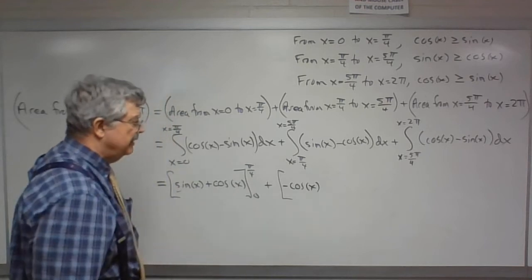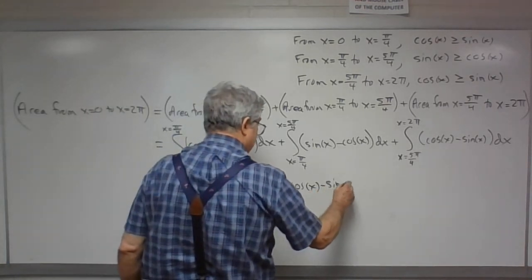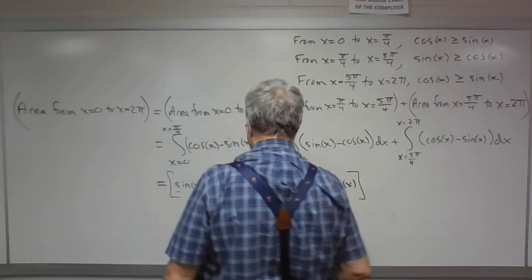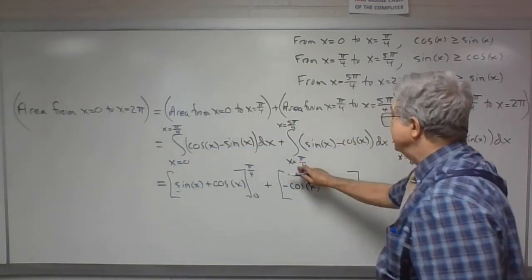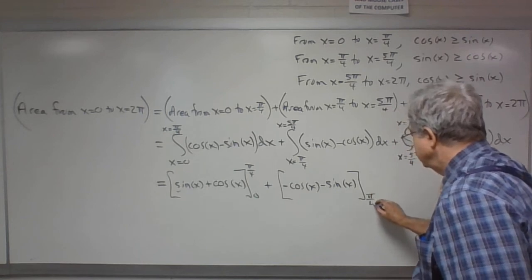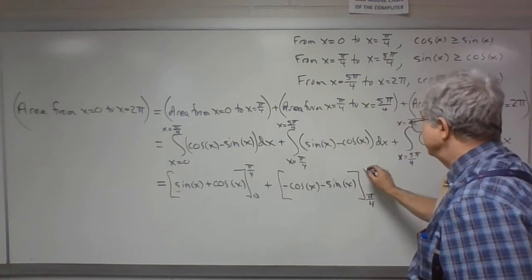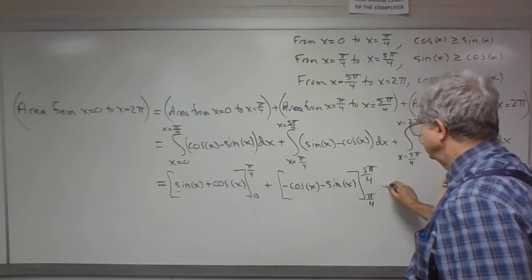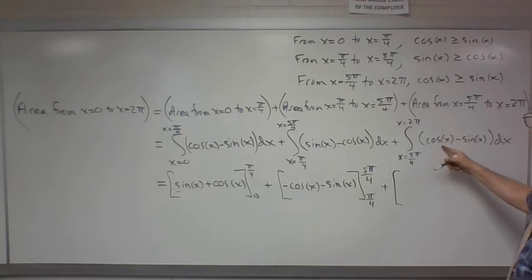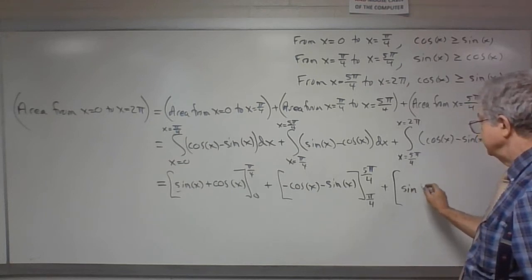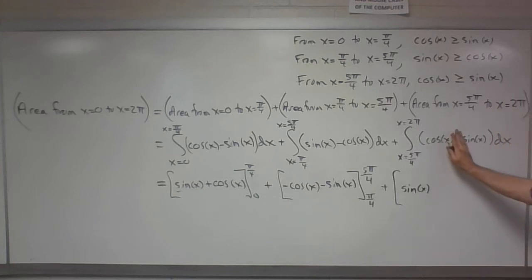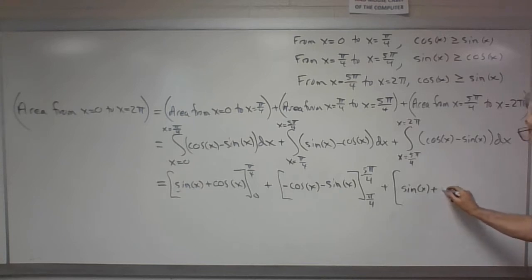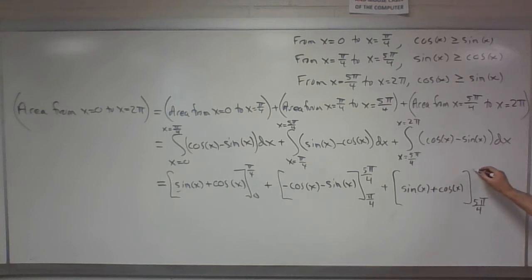The antiderivative of negative cosine of x is negative sine of x, from pi over 4 to 5 pi over 4. And again, the antiderivative of cosine is sine of x. The antiderivative of sine of x is negative cosine, but we have a negative sign out front. So we have cosine of x from 5 pi over 4 to 2 pi.